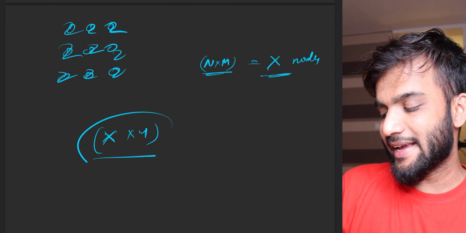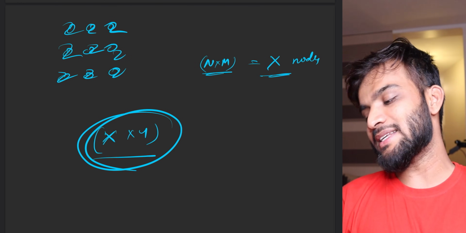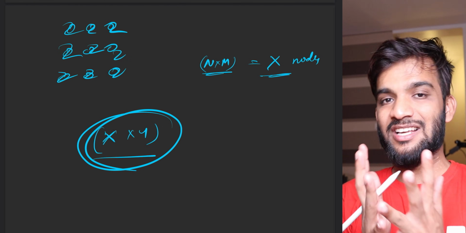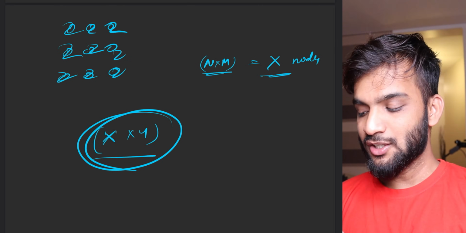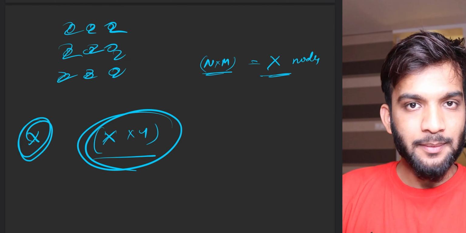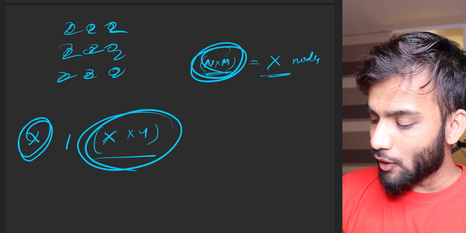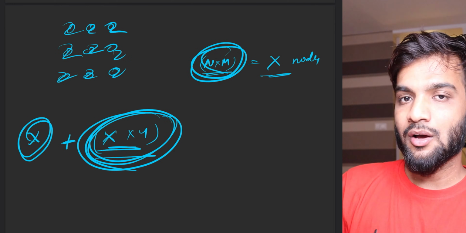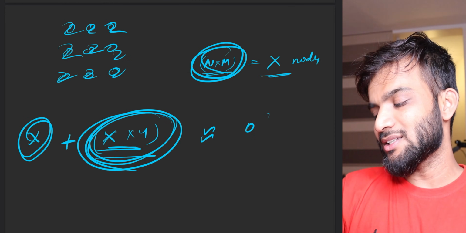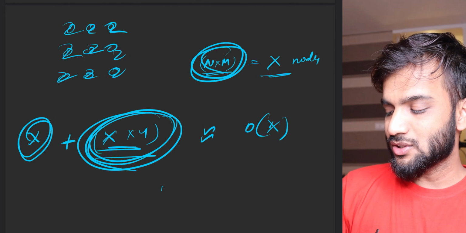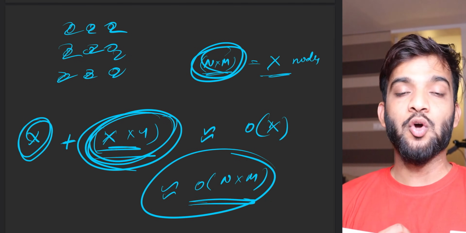So you're calling DFS x times, because at max there will be these many DFS calls, and for every call, you're running a for loop of 4. So it can be written as big O of x, which is big O of n cross m. So this will be the time complexity.